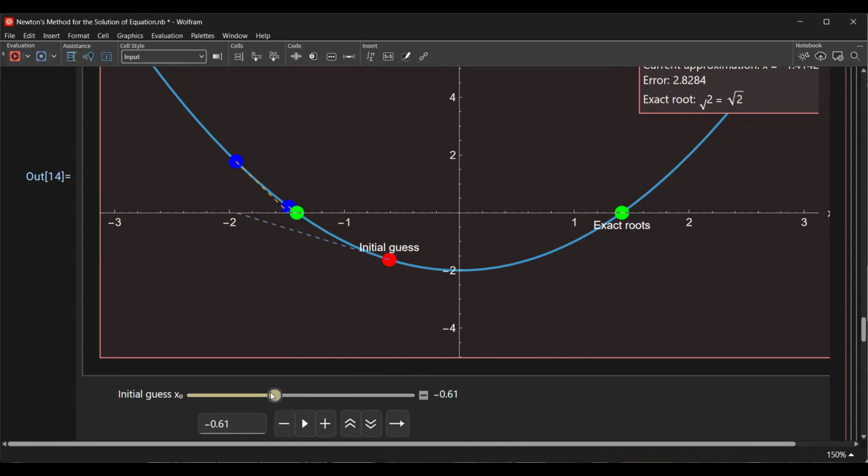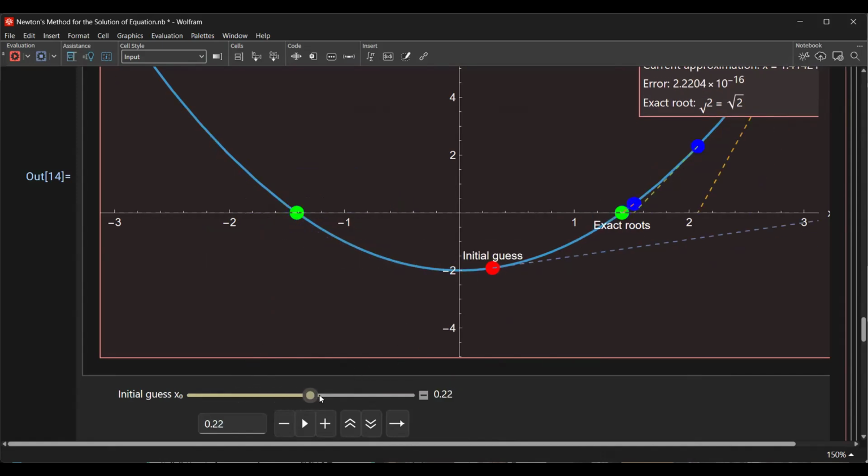Then our next approximation is, this is negative 1 point, approximately this is 1.34.